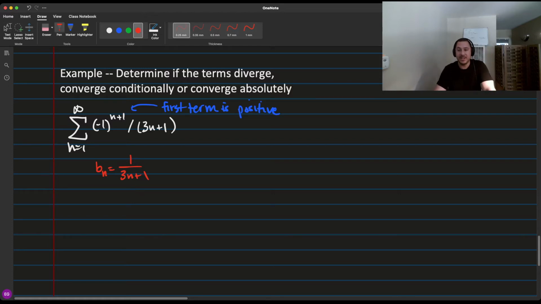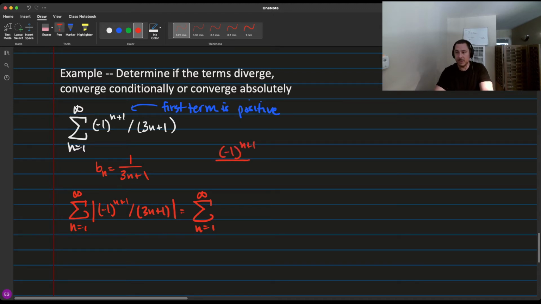So what we're interested in now is whether the absolute value of all of this converges. If you're taking the absolute value of everything, the (-1)^(n+1) goes away, because what you have here is (-1)^(n+1) over 3n plus 1, absolute value.